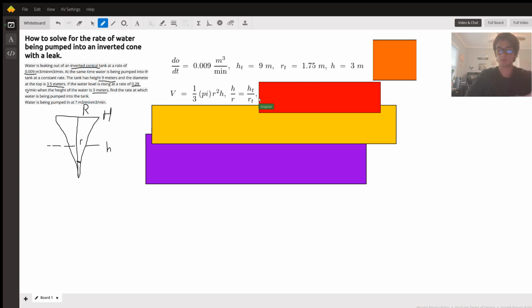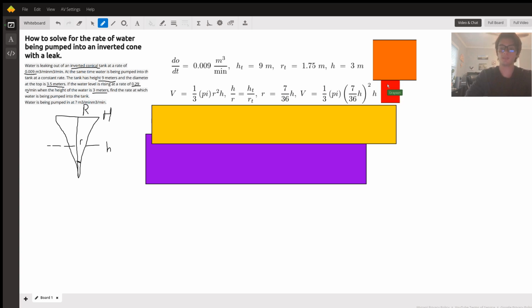After we switch these variables around, we get R equals 7h divided by 36. Then we can simply replace this value for r right here. So now it reads V equals 1/3 pi times (7/36) squared times h squared times h, and we get this equation right here.